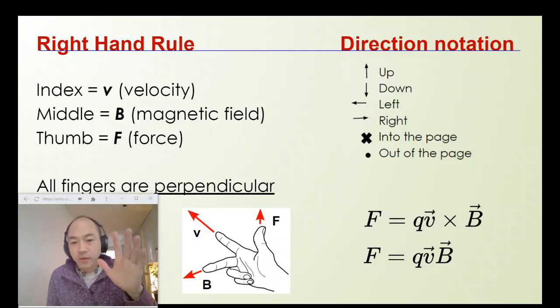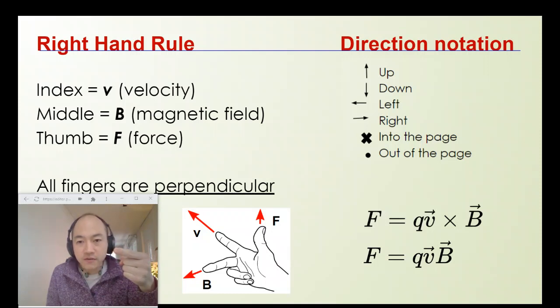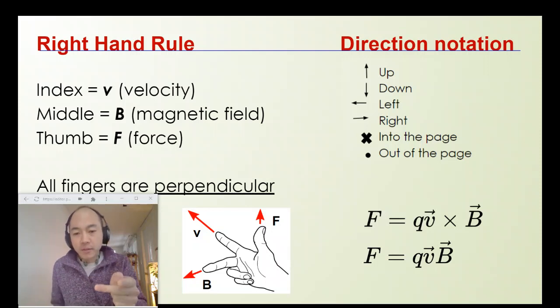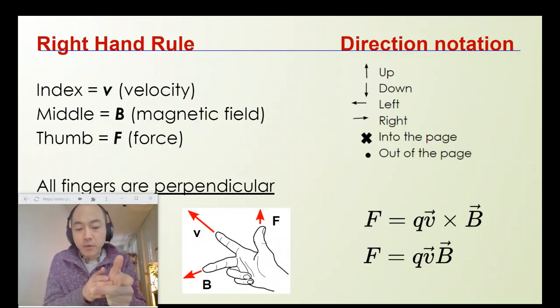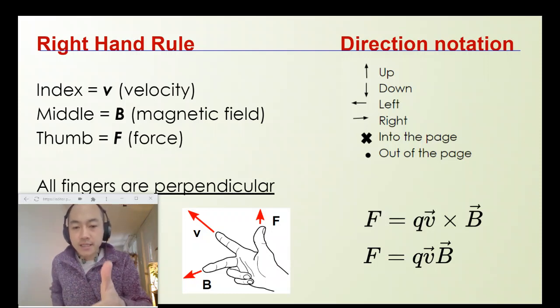As a quick review, we take our index finger and point it in the direction of the velocity, or the direction the charge is moving. The middle finger, or coming out of the palm, points in the direction of the magnetic field. The thumb points perpendicular to those two vectors, in the direction of the force felt.